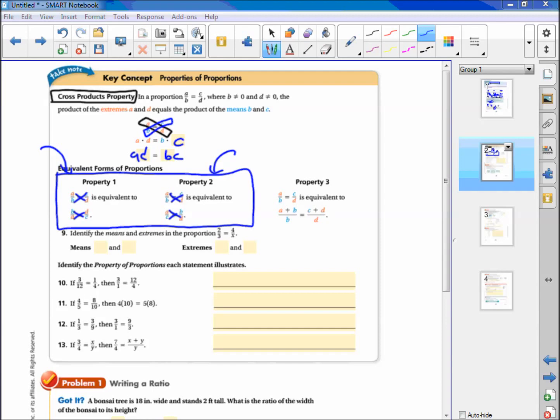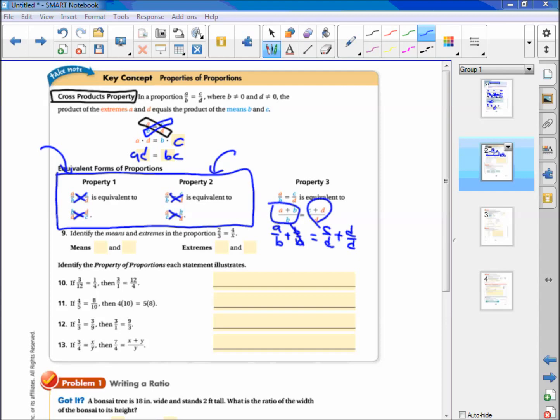A over B equals C over D, and that's equivalent to A plus B over B is equal to C plus D over D. Now let's think about that one for a second, because that one's a bit different and you probably haven't seen it before. So let's simplify this. This simplifies to A over B plus B over B. And the same with the other side. This simplifies to C over D plus D over D. So you can see your proportion in here.